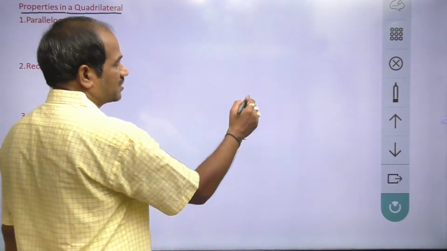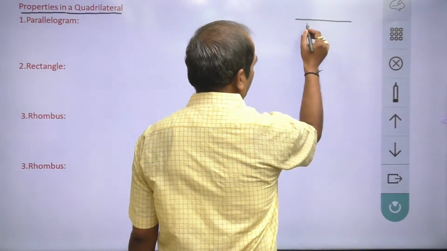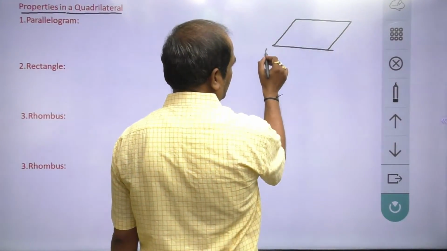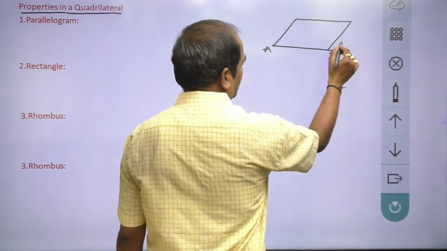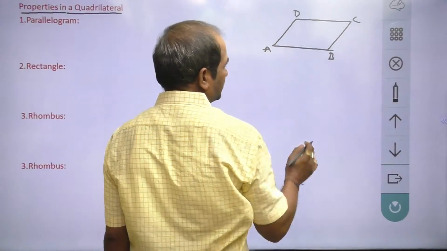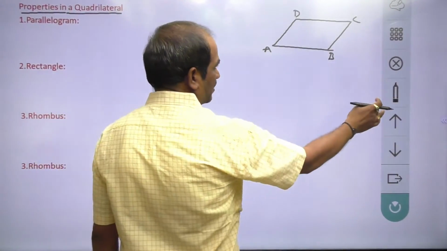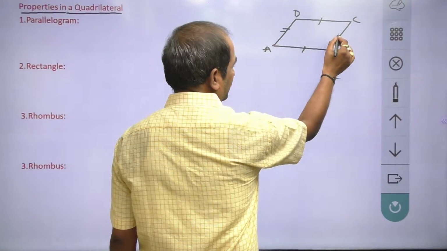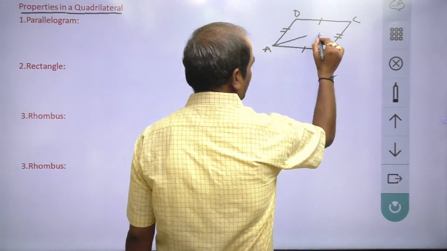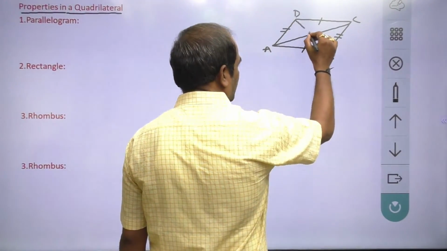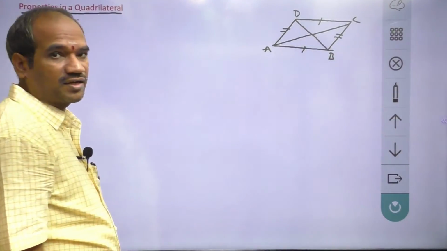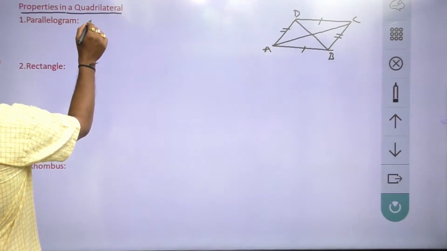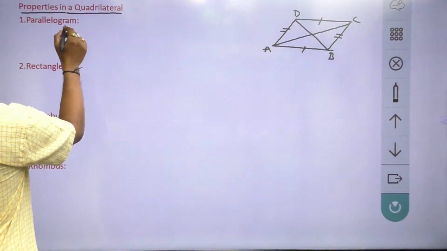In this diagram, this is A, B, next one C, D, A, B, C, D. In this A, B, C, D, opposite sides are equal. In this the diagonals are not equal, this is AC, next this is BD, diagonals are not equal. The quadrilateral ABCD forms a parallelogram.